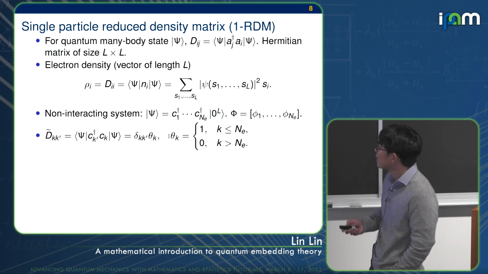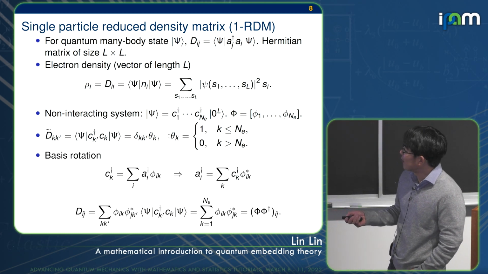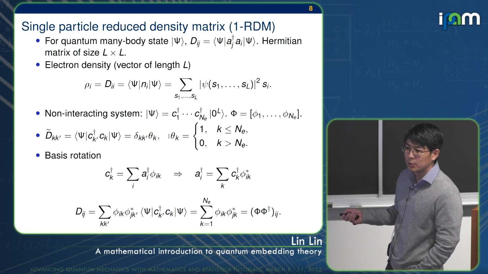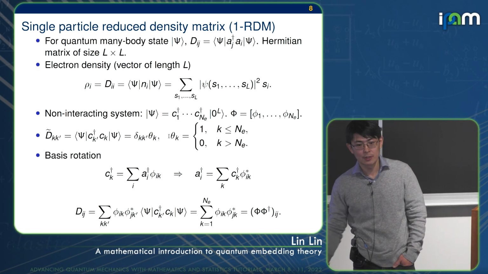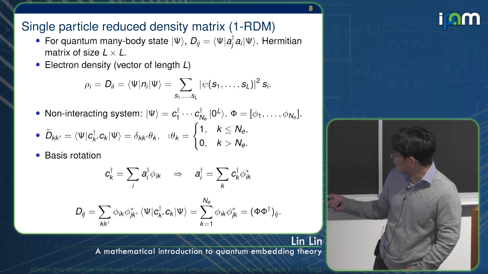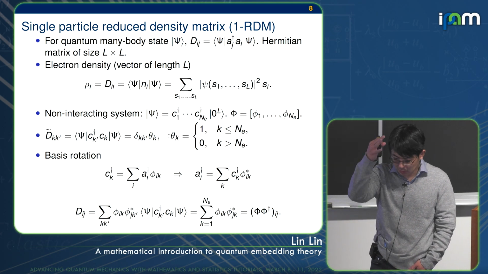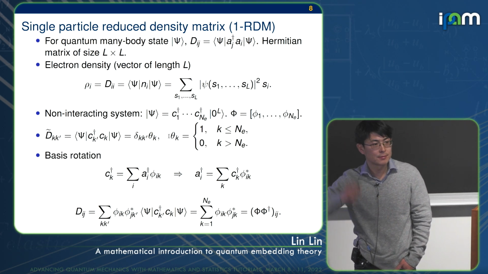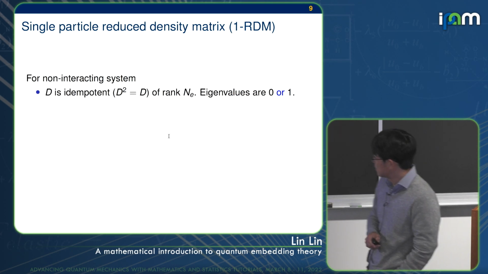Then you do a basis rotation. You will find that this D_ij is equal to phi phi dagger. This thing you might have seen many times in DFT, in Hartree-Fock, but this is how you get it from a many-body derivation. So the 1RDM is just your occupied orbitals times their dagger. It recovers that result.